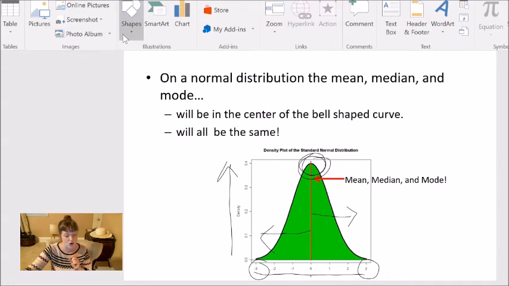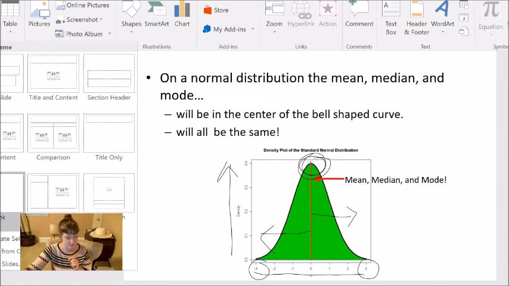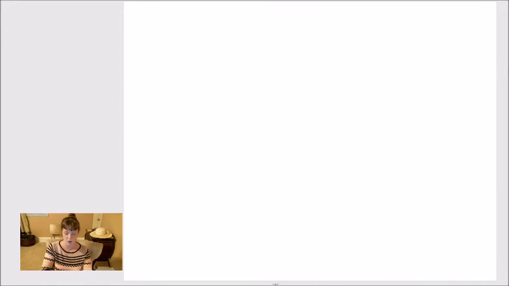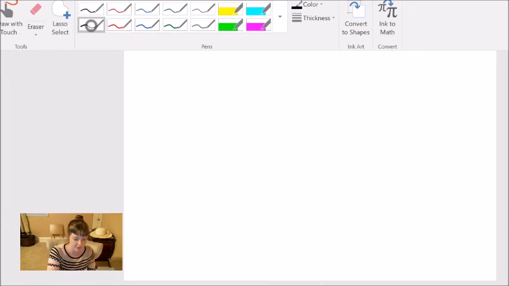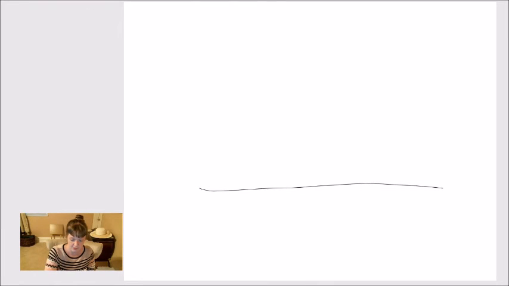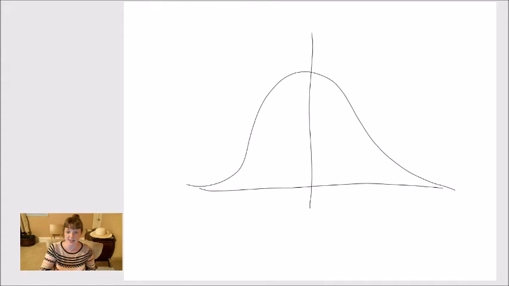Now, on any normal distribution, let me draw you a different one. Let's say I have another normal distribution. Let's say this is a normal distribution of IQ. I like IQ as a variable, right?